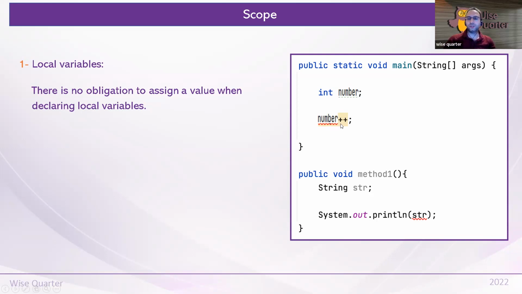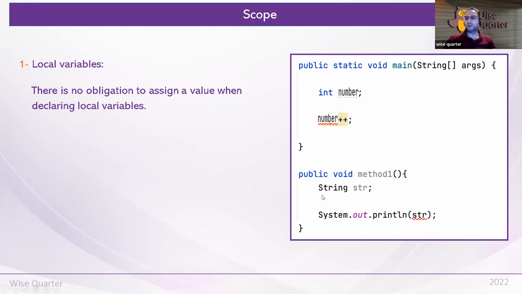When you try to increase its value by 1 by this ++ code, Java will complain. It will say, hey, the number does not have any value. How will I increase something that hasn't been created yet? As you can see, because of that, you will see red line under it.